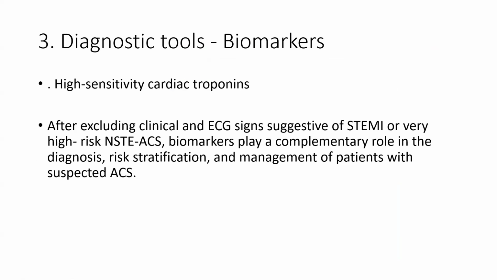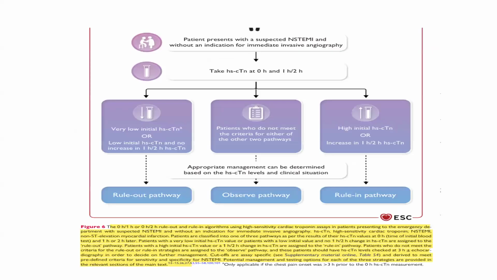Now regarding diagnostic tools, the high sensitivity cardiac profile. After excluding clinical and ECG signs of STEMI and very high risk NSTEMI, biomarkers play a complementary role in diagnosis, risk stratification, and management of patients with suspected ACS. So, for a patient presenting with suspected NSTEMI without indication for immediate invasive angiography, we need to perform HS troponin at 0 hour, 1 hour, and 2 hours.